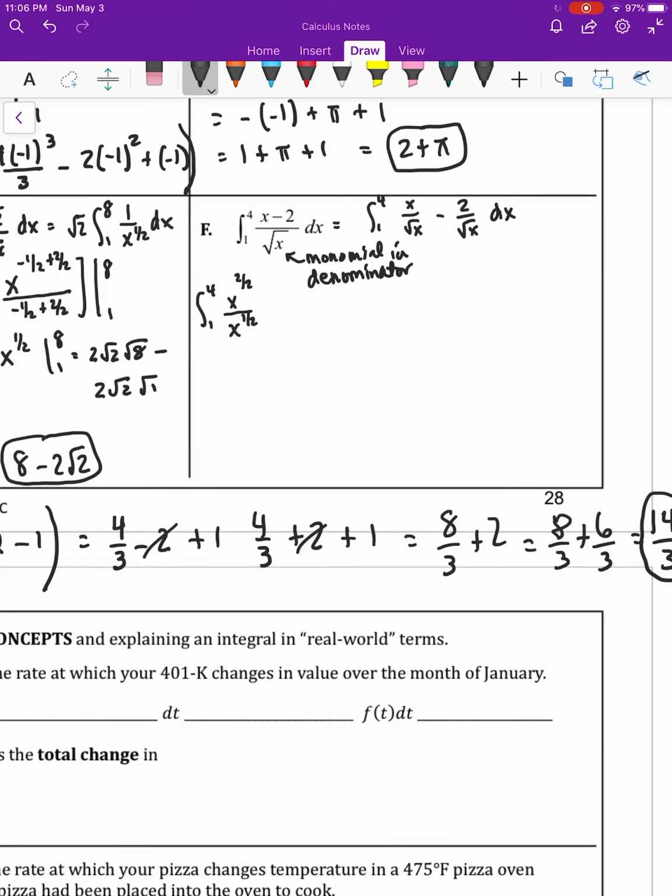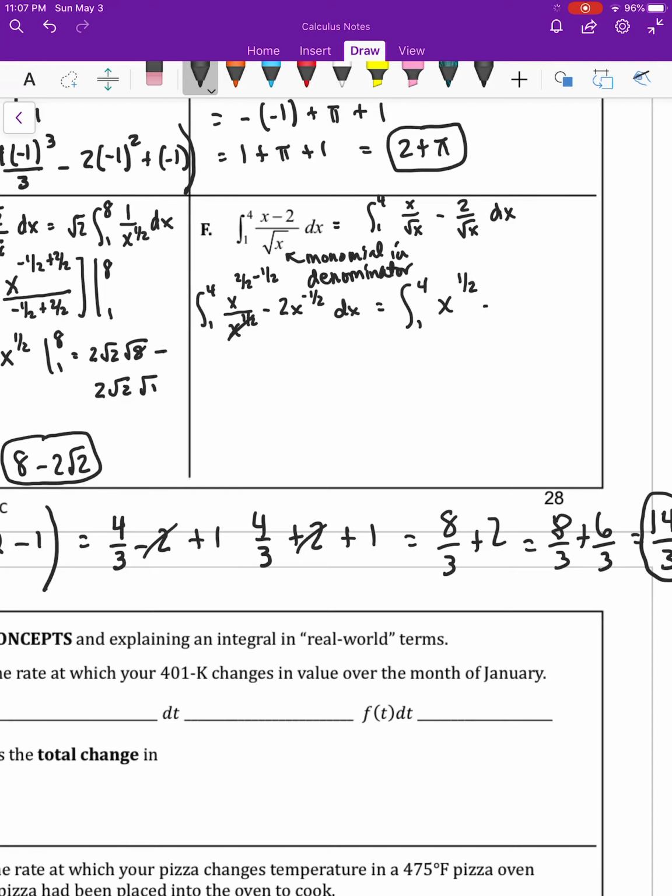So if we do it like that, I have x to the 1, which I'm going to make x to the 2/2 over x to the 1/2. Henry, stop. Minus 2, this is going to be x to the negative 1/2 dx.